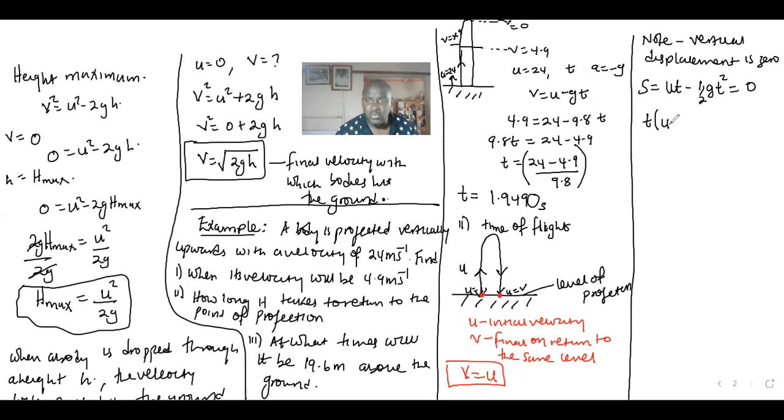You'll attain T times (U minus a half GT) is equal to 0. This will confirm that actually T is either equal to 0 or U minus GT over 2 is 0. Why is this 0? This is 0 now when the particle has not yet left. If it has not yet left, it has not yet covered any time. So that's why I'm saying T is 0.